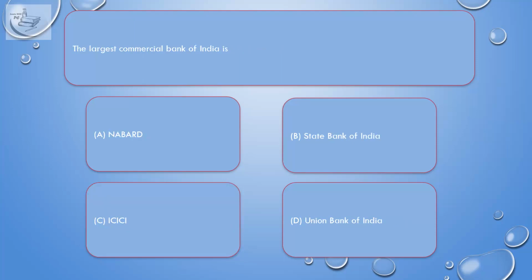Question: the largest commercial bank of India is A. NABARD. B. State Bank of India. C. ICICI. D. Union Bank of India. Correct answer is B. State Bank of India.